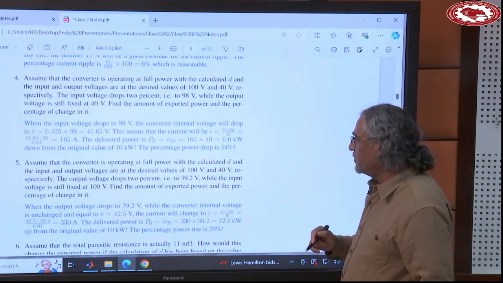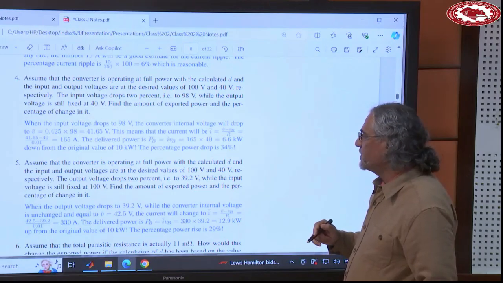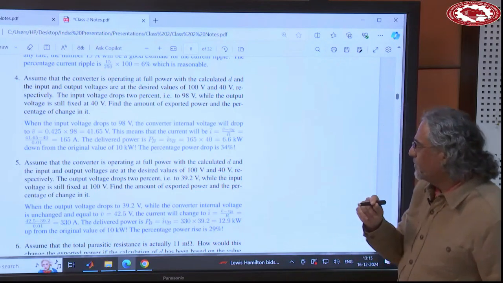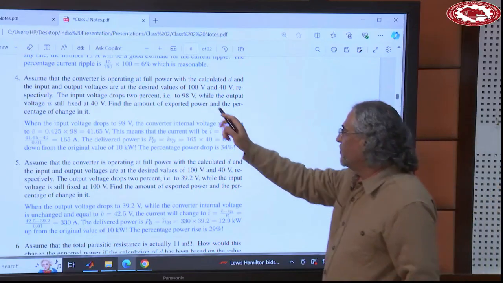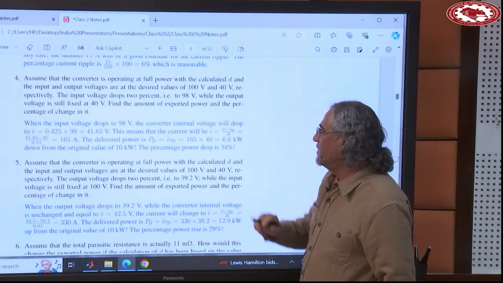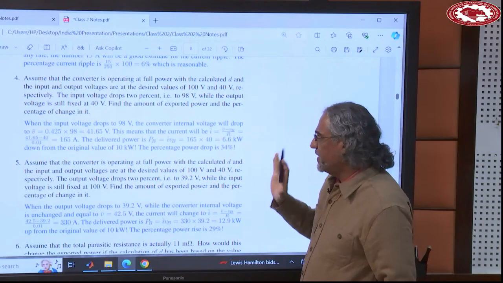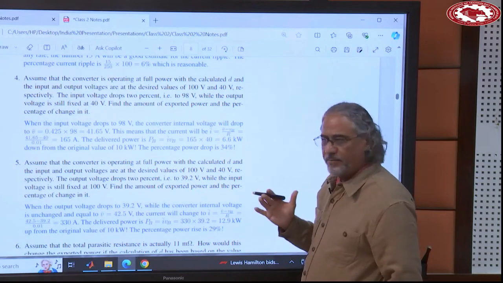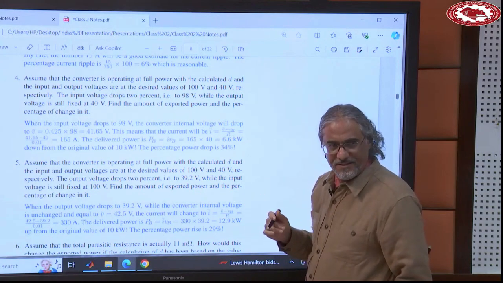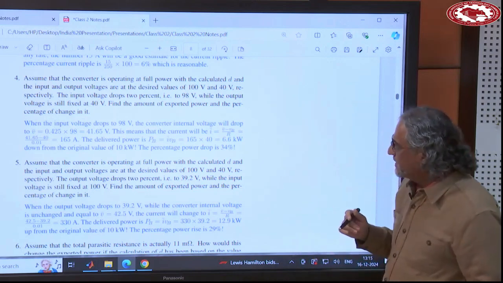Now, the input voltage drops 2%, a tiny amount, from 100 to 98, while the output voltage is still fixed at 40. What happens? Okay, we're going to see what happens.